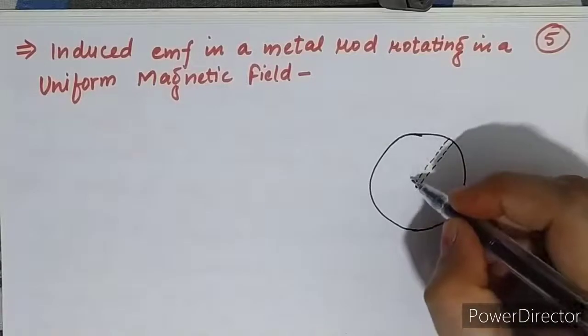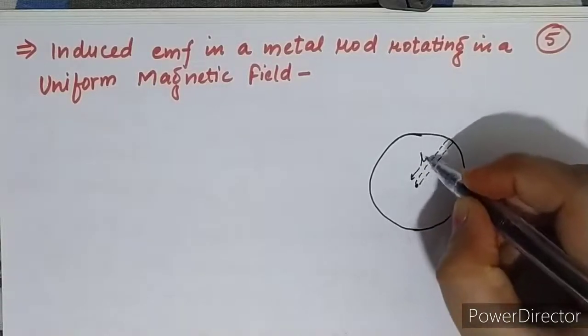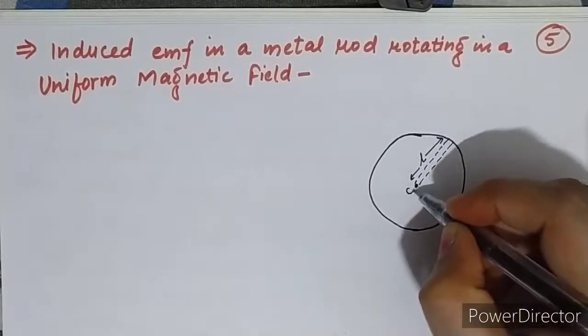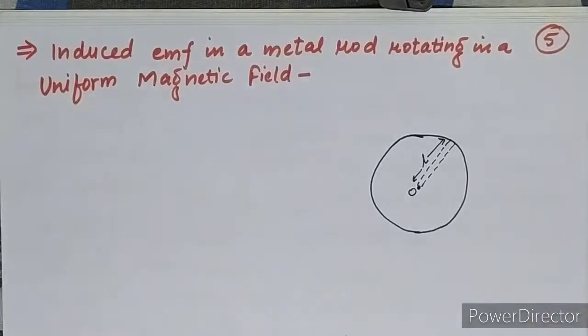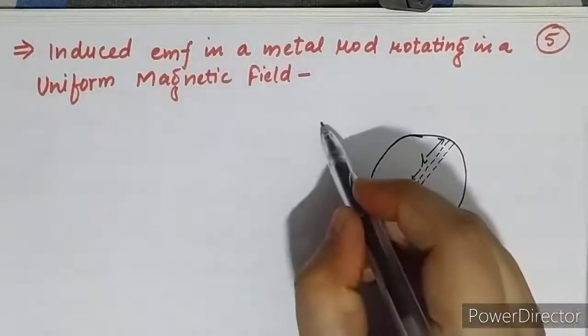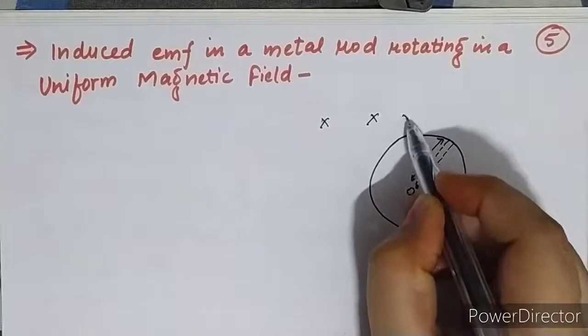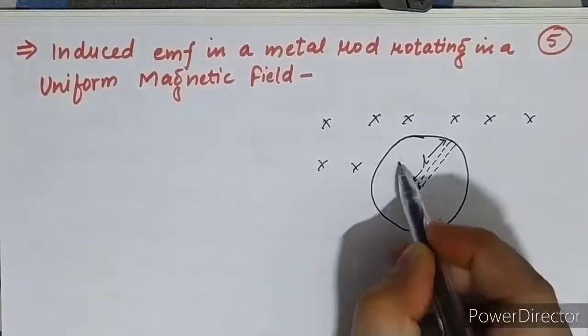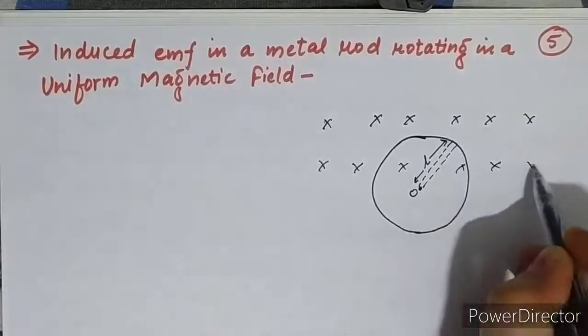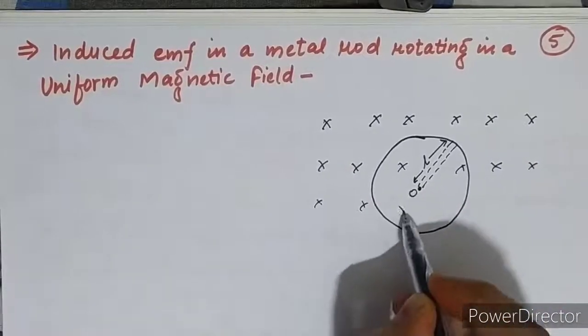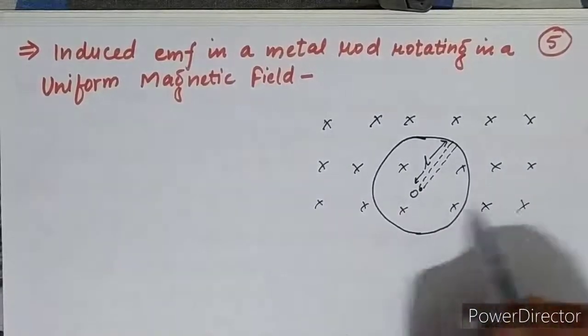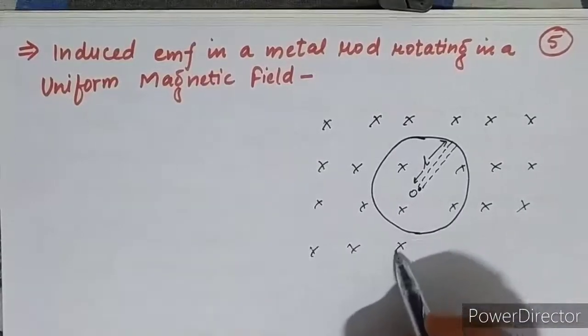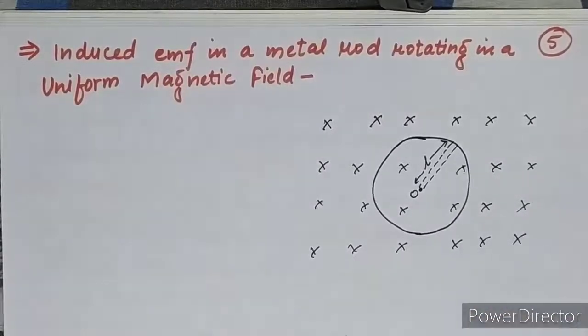Here we have kept the rod of length L from the center, and it is kept in the uniform magnetic field like this.